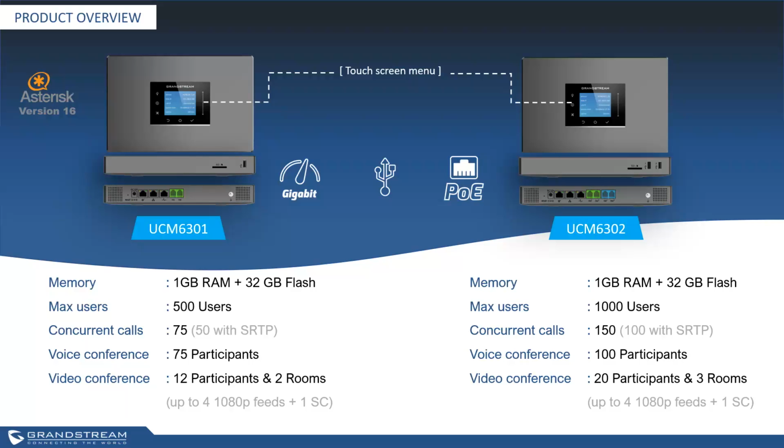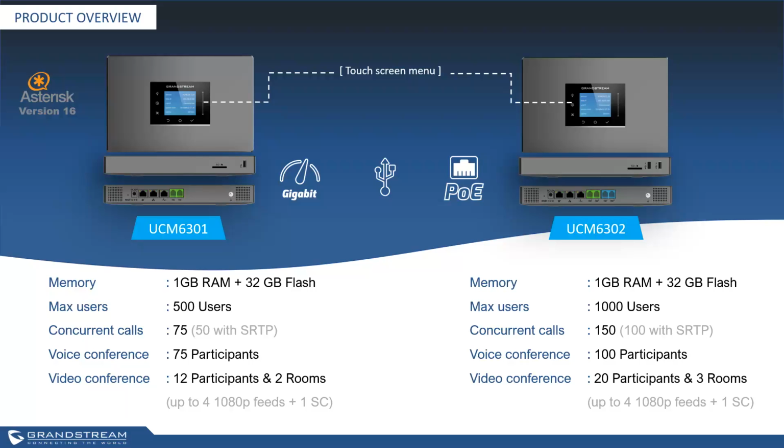The 6301 has a maximum user capacity of 500 users. The 6302 can support up to 1,000 users. And when I say 1,000 users, I mean 1,000 extensions. The 6301 can support up to 75 concurrent calls.